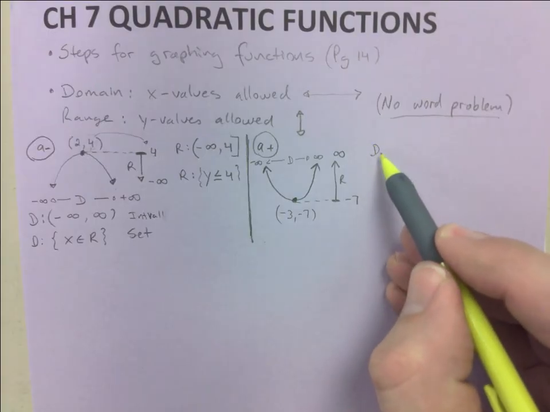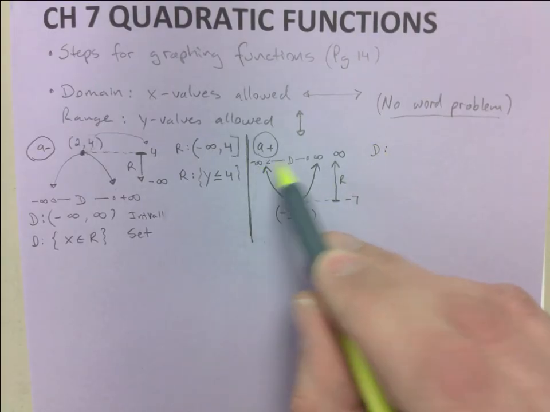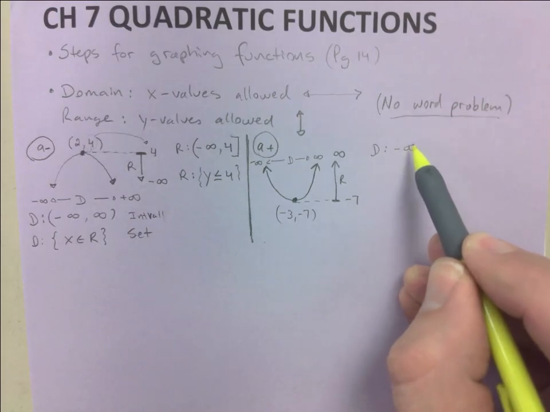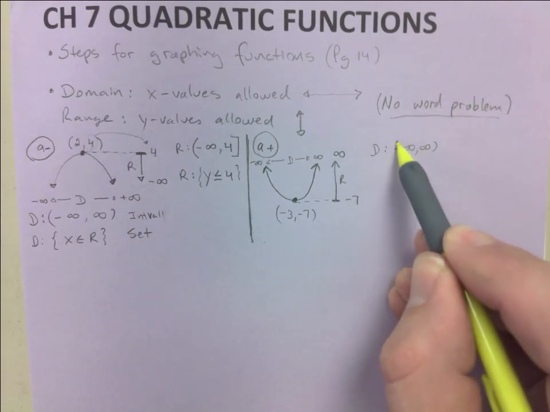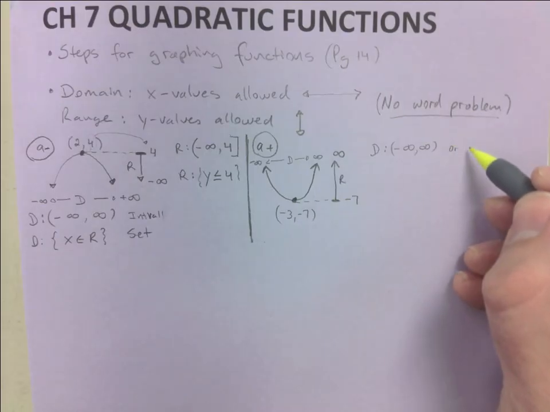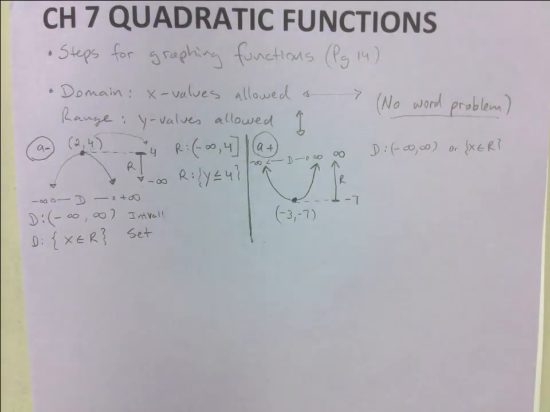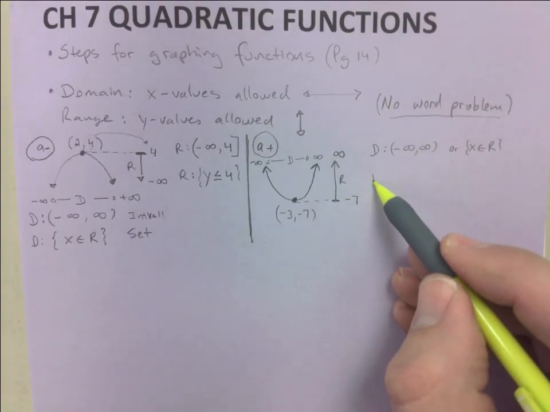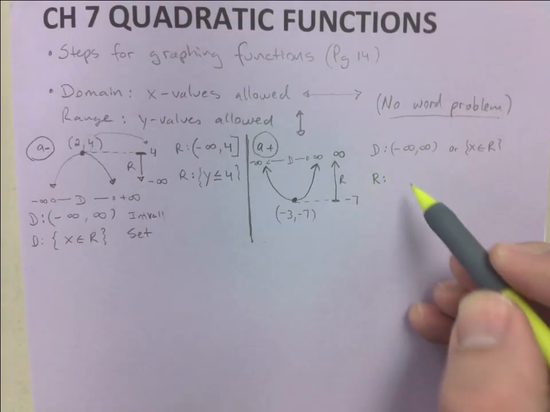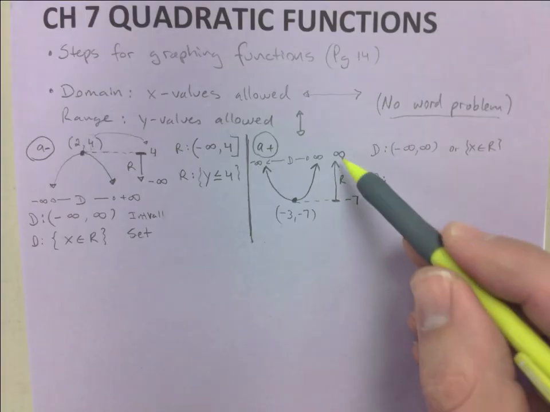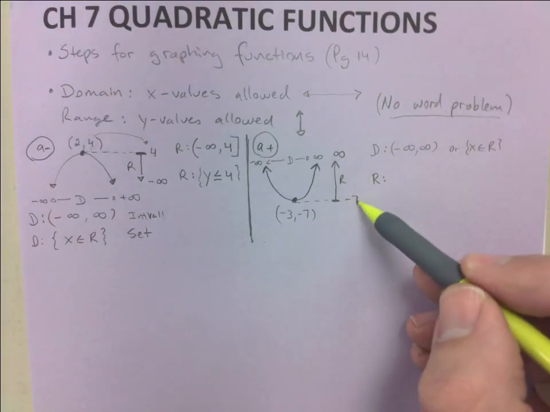So your domain in this case would be negative infinity, positive infinity, or x belongs to all real numbers. For the range, write down these values in the correct order.